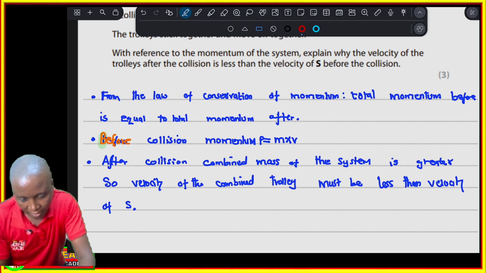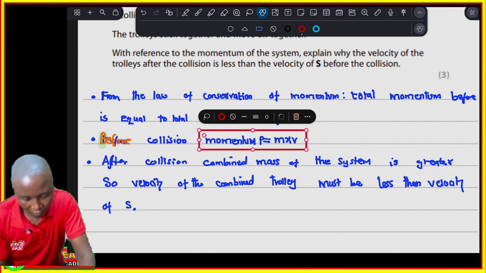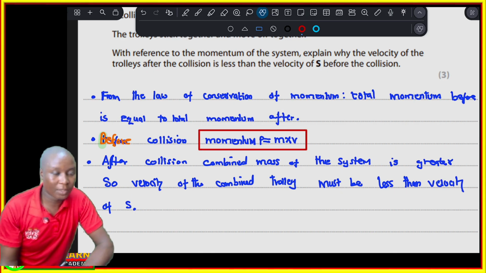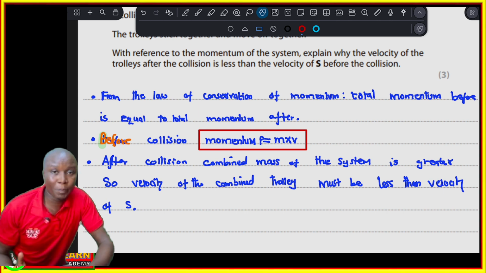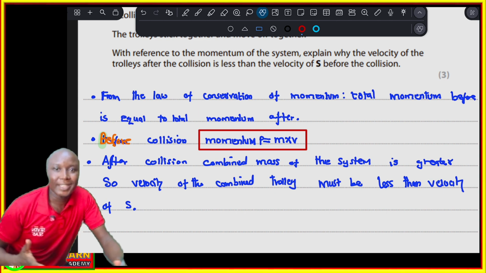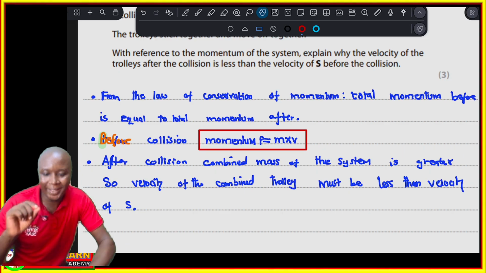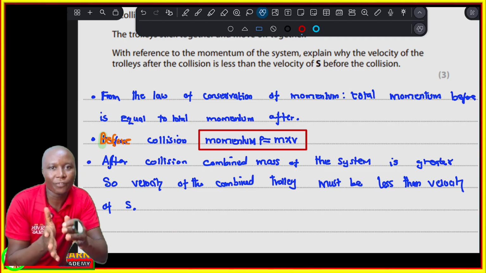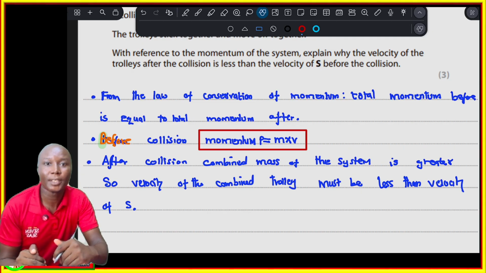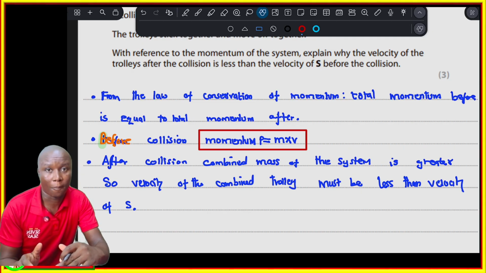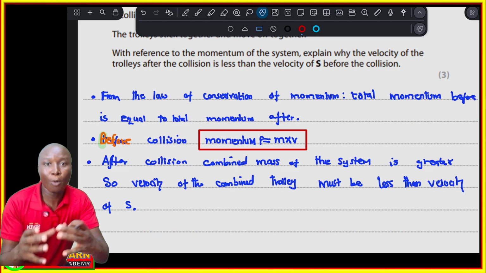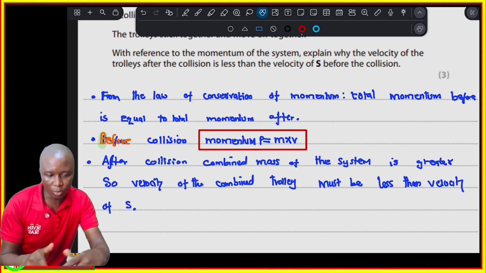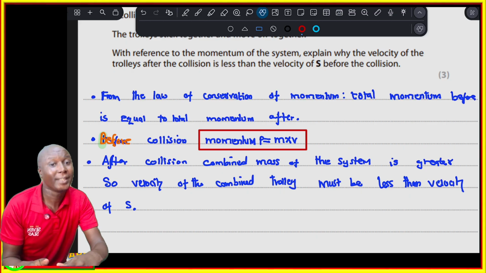Mass of S times the velocity at which it was moving. Then we expect also the momentum after collision to be the same as the previous. But since the mass will be greater after collision, then speed has to be lower, so that more mass times a smaller speed gives us the same momentum.